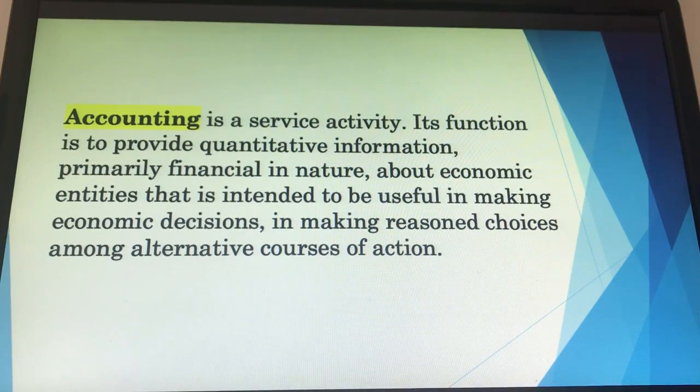Because accounting helps you to make economic decisions, you can also choose from a lot of alternative courses of action that will be best for the entity. So, accounting is a service activity which can provide you financial information so that the company owners and the people inside and outside of the company can make economic decisions and reasoned choices among alternative courses of action.